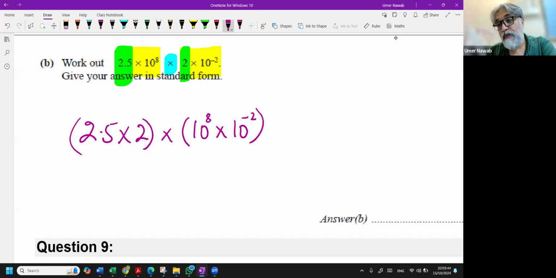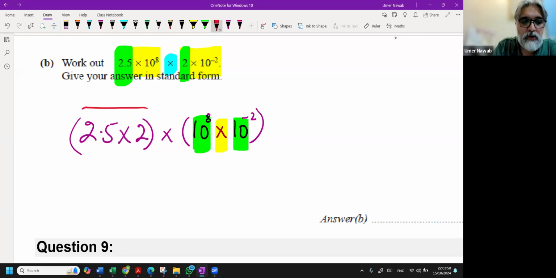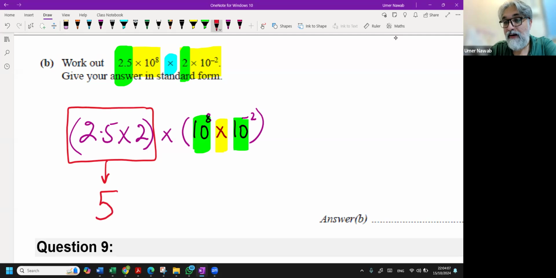Everyone remembers from the rules of indices, if you have the same bases and they multiply with each other, we always add their powers. I want to show you that, guys. So 2.5 times 2, you can do it on a calculator, or everyone knows 2.5 times 2 gives you 5. This number is between 1 and 10, so it looks like I'm reaching towards standard form. Now 10, 8 minus 2.